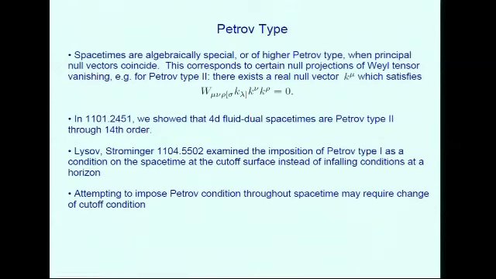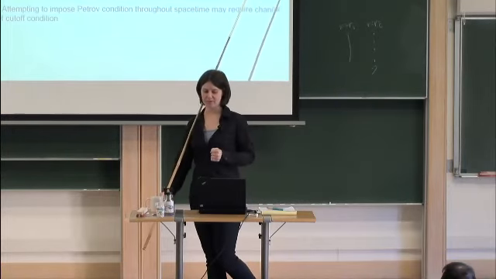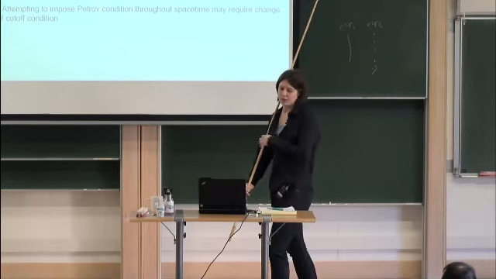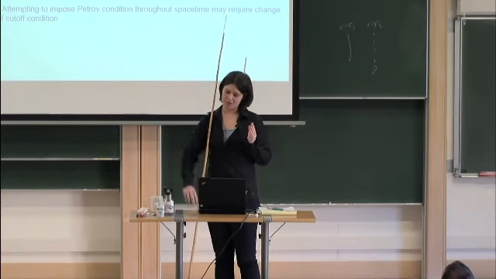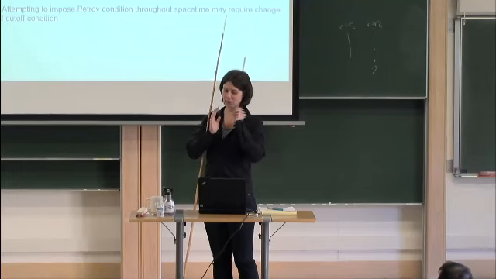And then in further work, Slava and Andy examined what happens when you try to put the condition of Petrov type 1 on the spacetime at the cutoff surface instead of having the infalling conditions at the horizon. Essentially, their setup is to start at some cutoff surface, impose that the induced metric should be flat there, and then additionally impose that there's a particular real null vector that contracts with the Weyl tensor to give 0, and attempt to integrate this in.